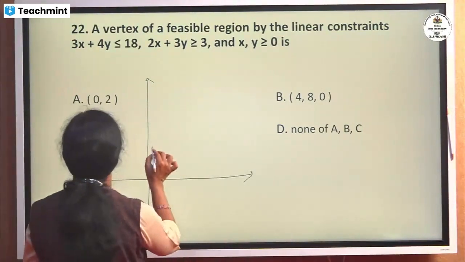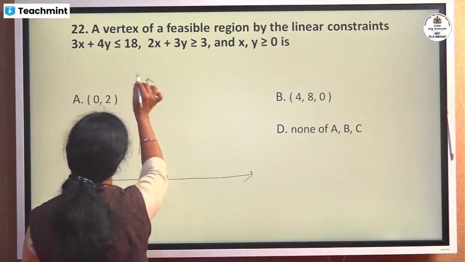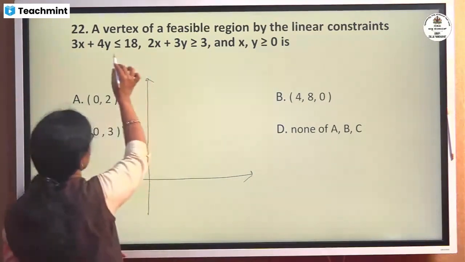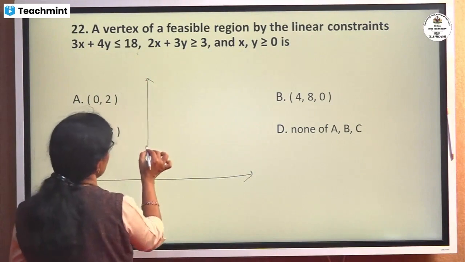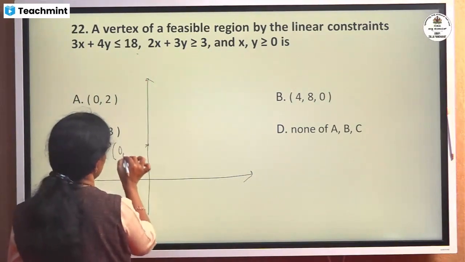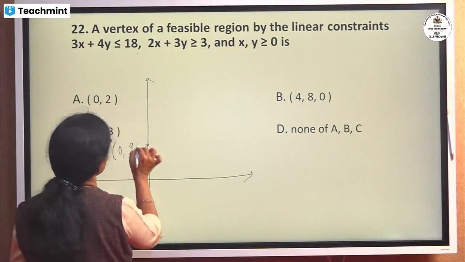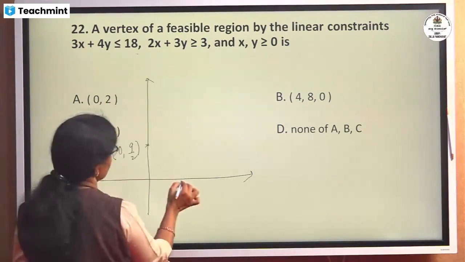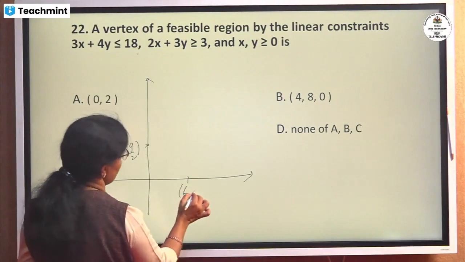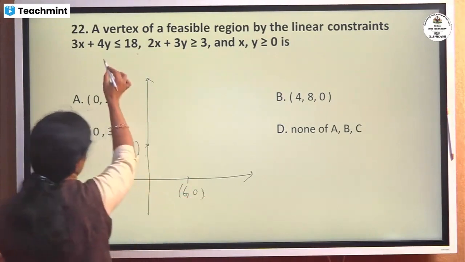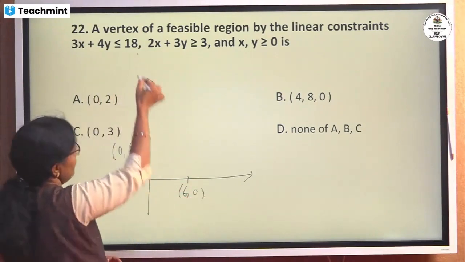When x is equal to 0, 4y is equal to 18. 4y is equal to 18 means y is equal to 9 by 2, that is 4 and a half. So (0, 9/2) is one point, and (6, 0) is another point: y is 0, 3x is equal to 18, x is equal to 6.